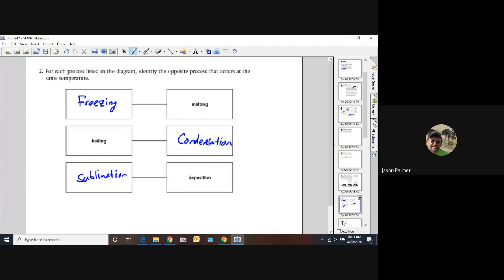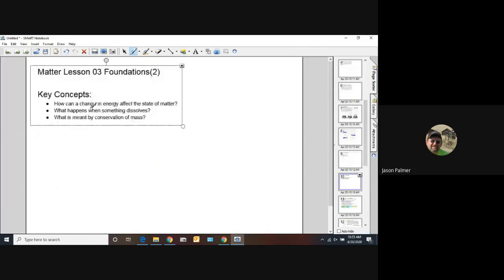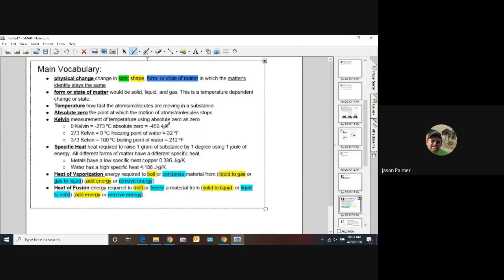All right, so your vocabulary in one of your handouts was simple. And so there's those 3 key concepts again. And I made your vocabulary more exact, mentioning absolute 0, specific heat. So that's kind of those curves that I was showing earlier, like how steep they are.